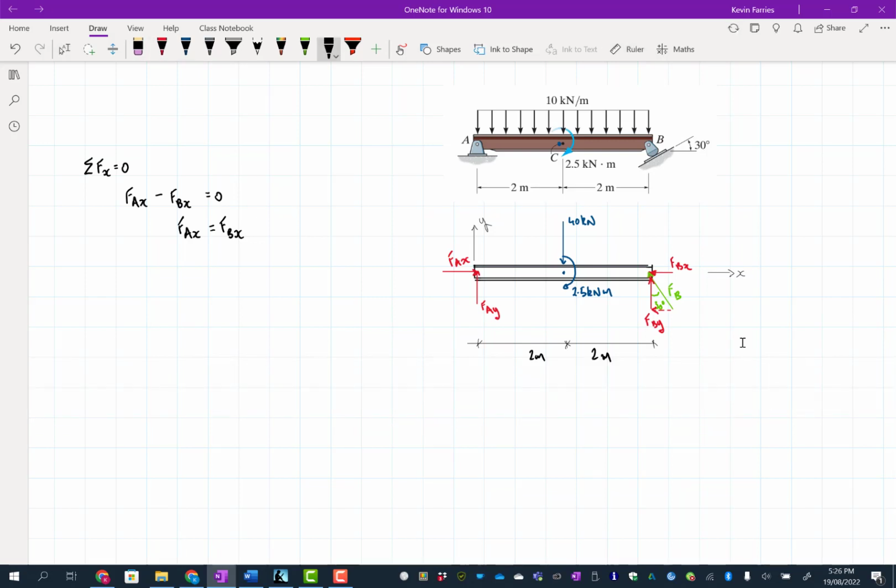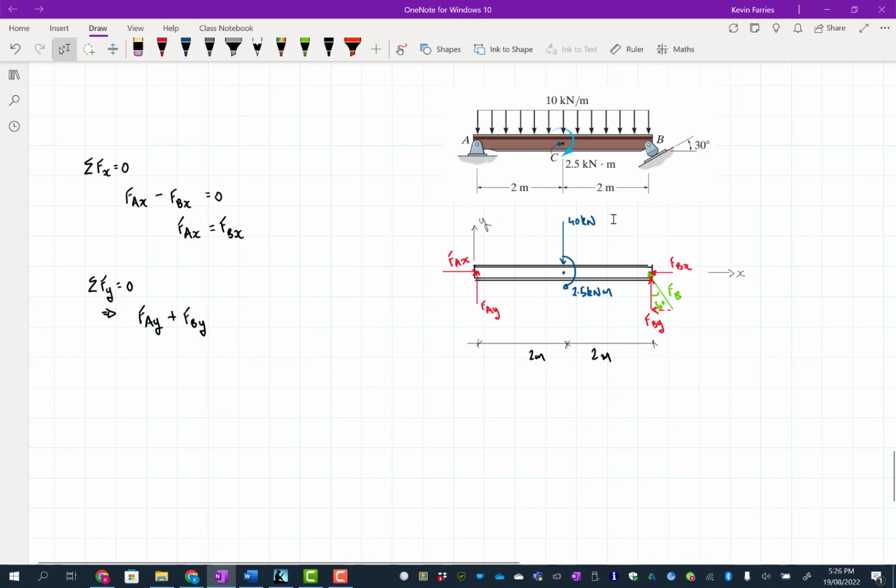Then we've got the sum of the y components is equal to 0. That means Fay, so it's in the positive direction, Fay plus Fby, so there we've got two of those components.